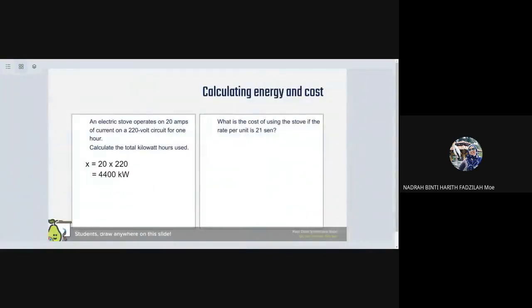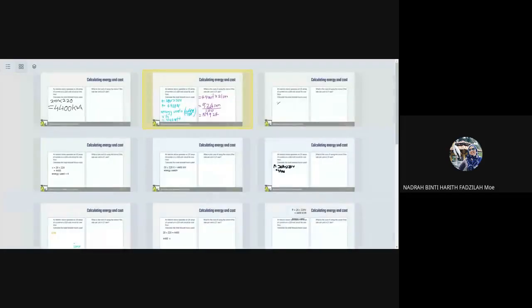The question there, when we use the formula power, first for this question, first we start off with calculating power kan.